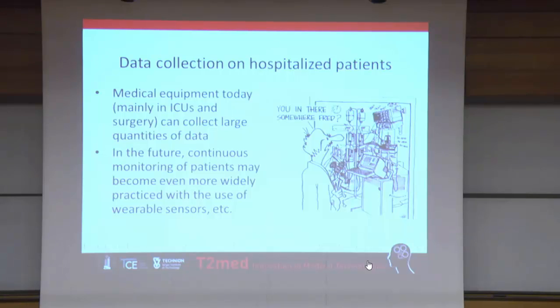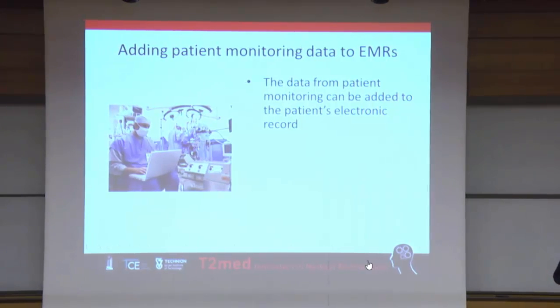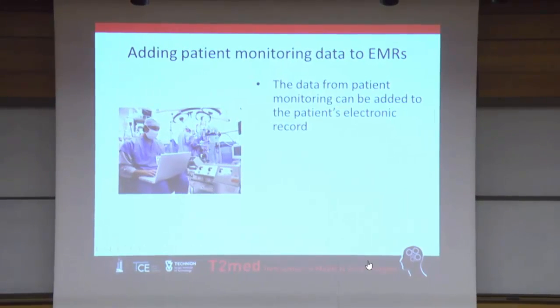Currently, these data are stored at the ward, or they're not accumulated at all. They're just used on a moment-to-moment basis. But we can think of the option of adding monitor data to a patient's electronic clinical record.